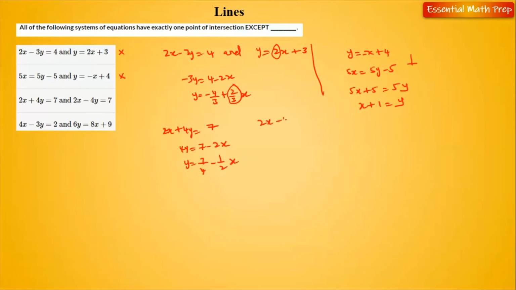Similarly, we have 2x minus 4y equals 7, negative 4y equals 7 minus 2x, y equals negative 7/4 plus 1/2 x, right? Again, you noticed this is not a negative reciprocal, and they're just completely different slopes, right?